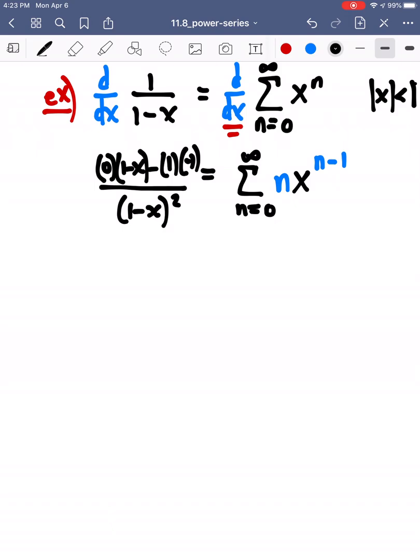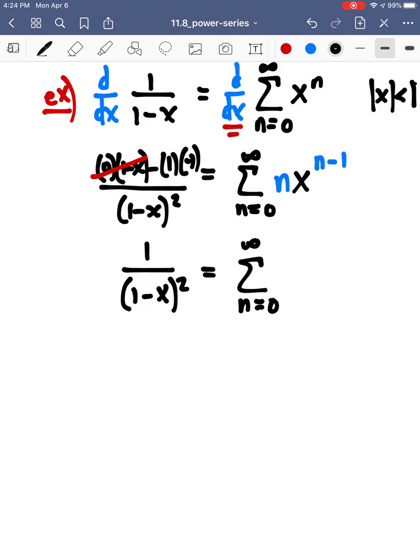So in other words, on this left-hand side, that first term is 0, this second term is just a 1, and we get that this is 1 over the quantity 1 minus x quantity squared. And that's equal to the power series now of n equals 0 to infinity of n x to the n minus 1.